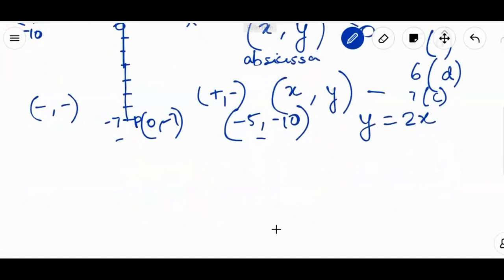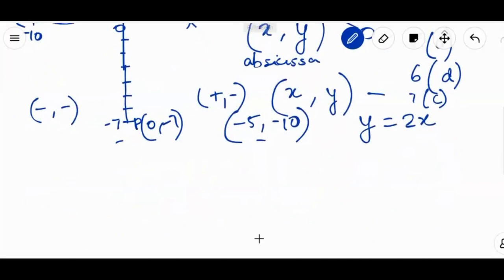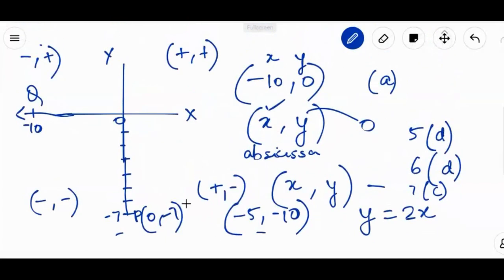Now it says the perpendicular distance of the point 5, 7 from the y-axis. So if you take your axis again, the point is 5 units. The distance of this point from the y-axis. Suppose it's somewhere here. So the perpendicular from y will be this distance.